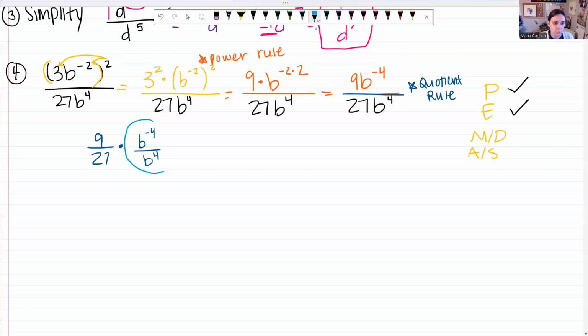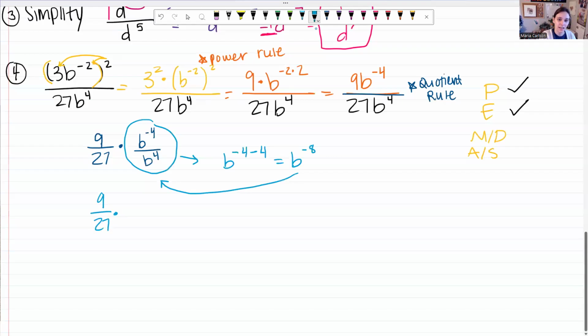b to the negative fourth divided by b to the 4th is really b to the negative 4 minus 4 power, which is b to the negative 8. So putting this back together, I really have 9 over 27 times b to the negative 8. Now, remember, negative exponent is not simplified.